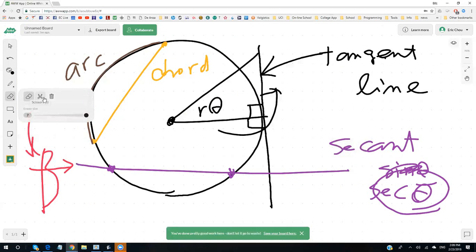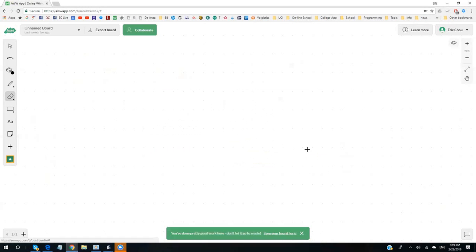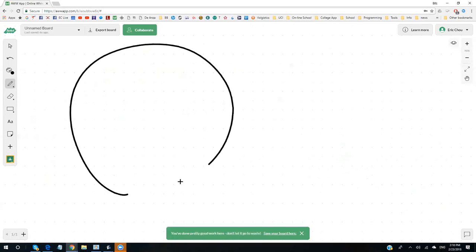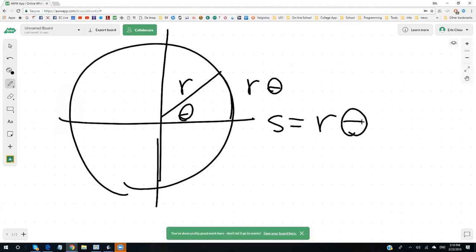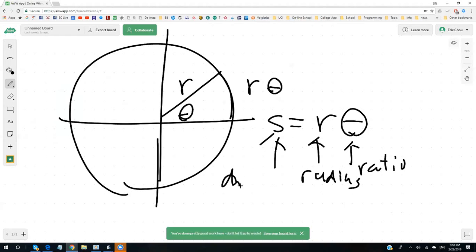I'm going to clean this. So sometimes when we have a circle, we have a theta over here. This is r. We call this r theta. Sometimes we also call this s equals r theta. So this is a ratio, this is a radius, and s is your distance.